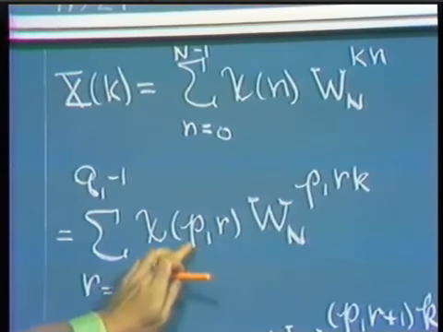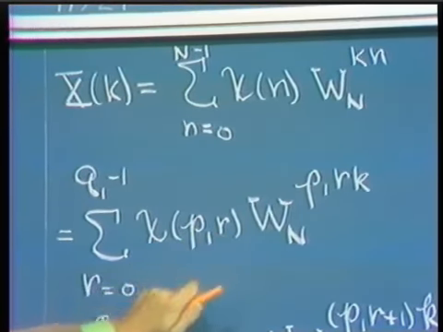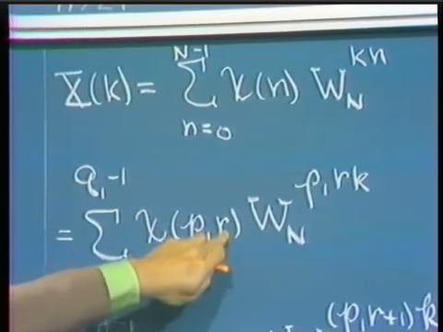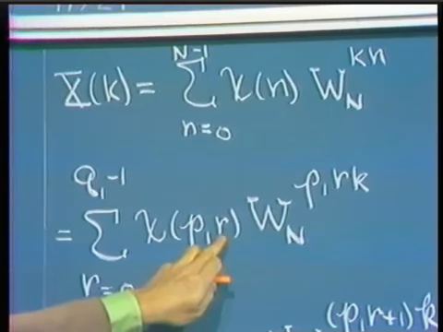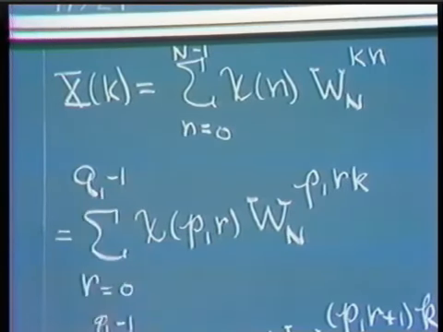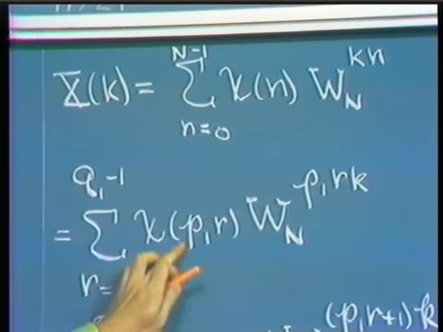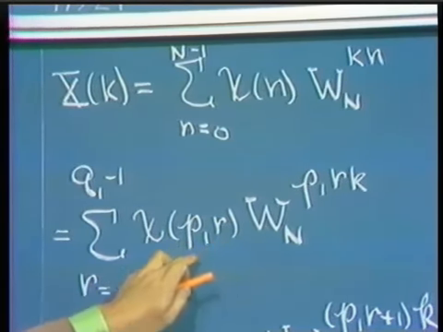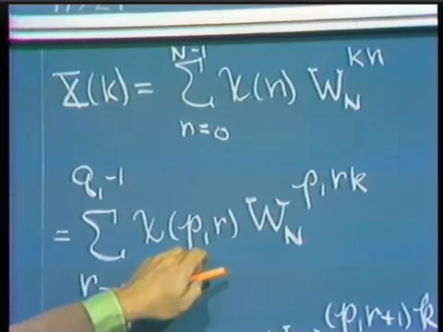In particular, if we think of the argument p1 times r, as r ranges from 0 to q1 minus 1, we're selecting with this argument every p1th point starting with the 0th point.